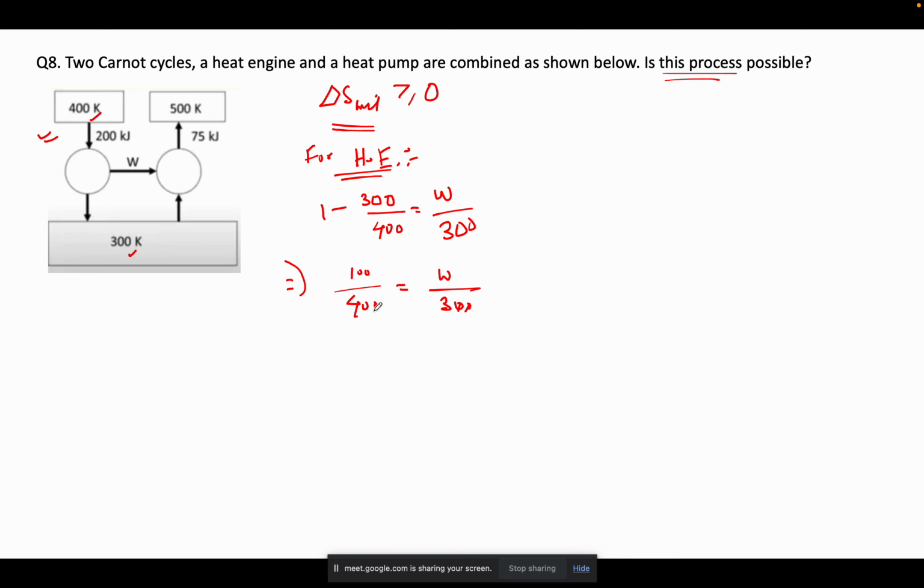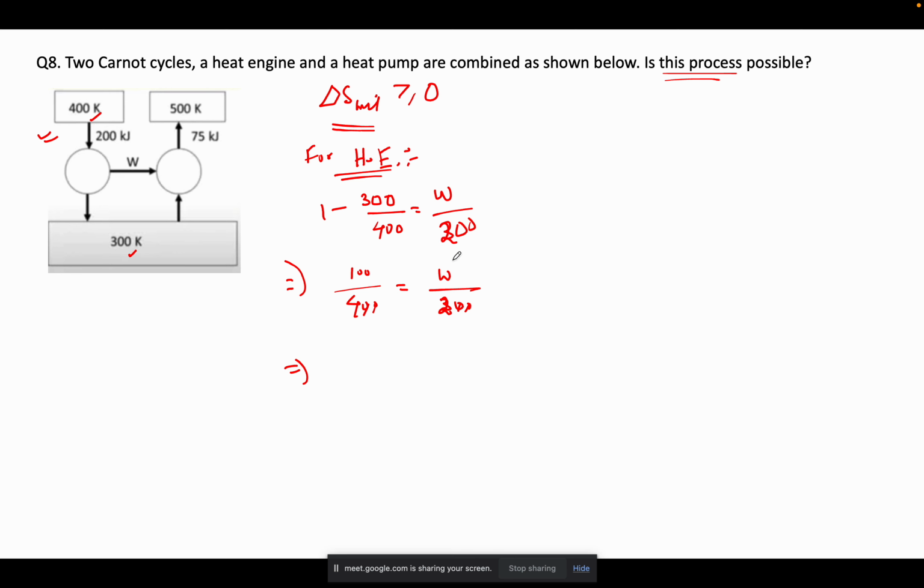So this is your 300 divided by 4. Something is wrong. Oh, W divided by 200, I'm sorry.